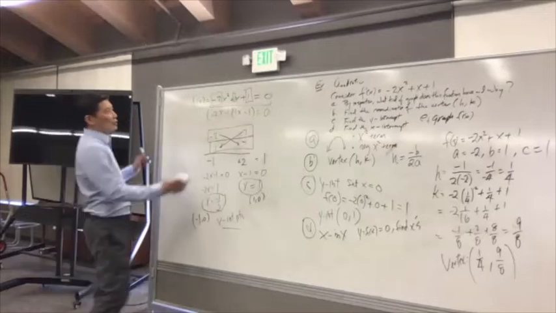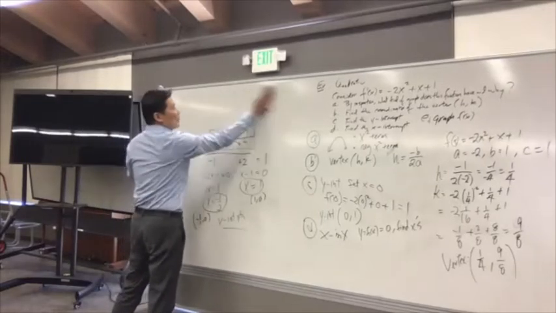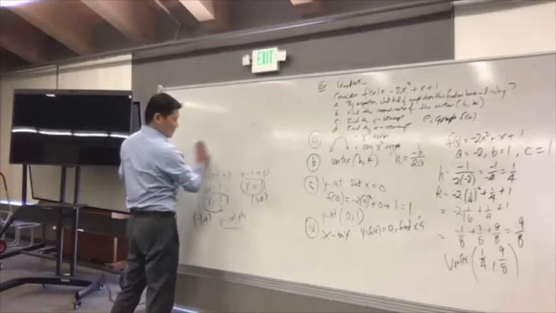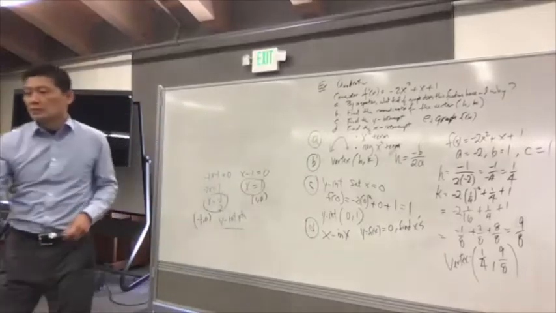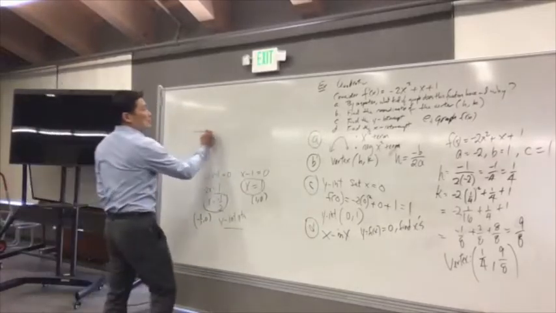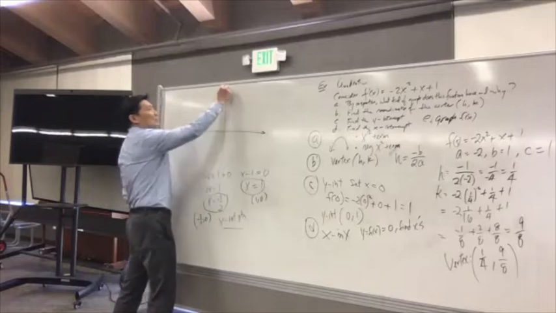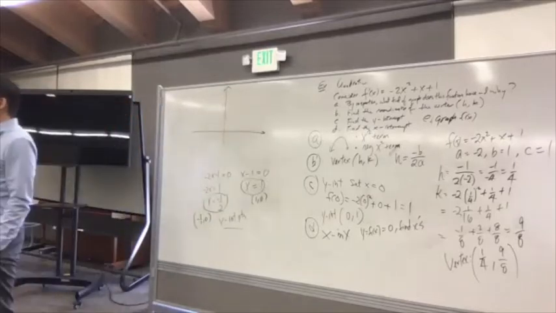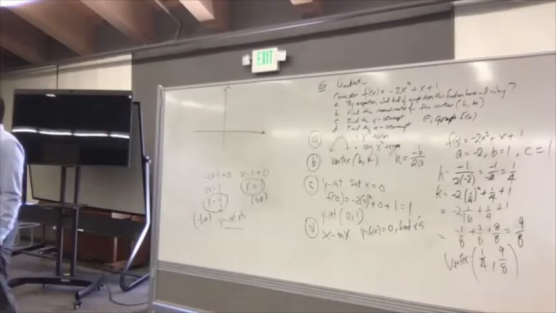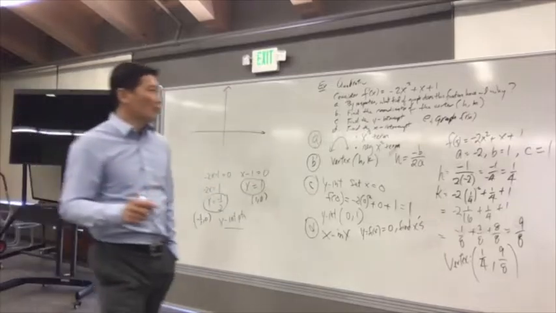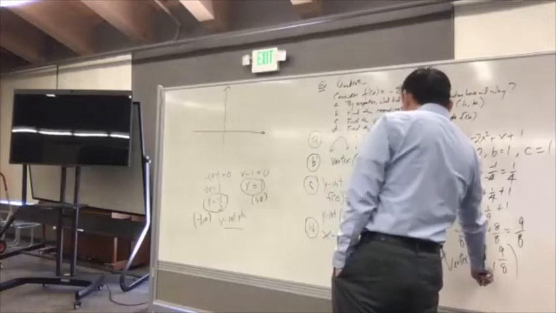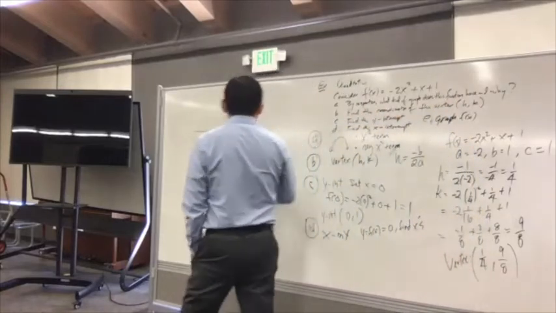So the last portion of this problem, I'm going to erase this part so I can graph it for you. I can sketch it without really being super precise. I simply need to be precise on those critical points. So number one point is the vertex. Vertex is at 1/4 and 9/8.